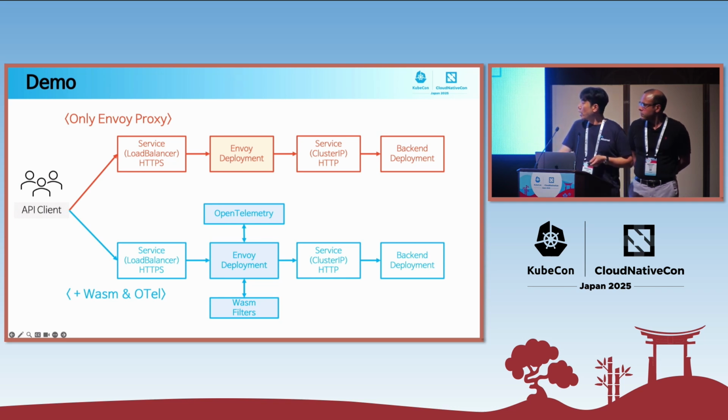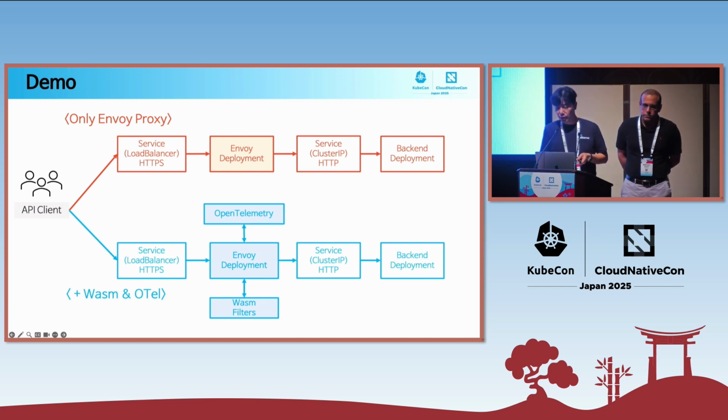And there are multiple ways to add the WebAssembly to your Envoy deployment. But in my session, I used config maps to include the Wasm, the binary format code, in the Envoy deployment.